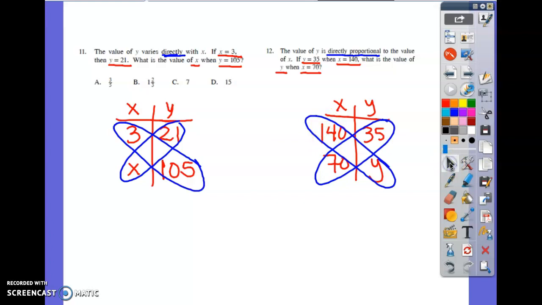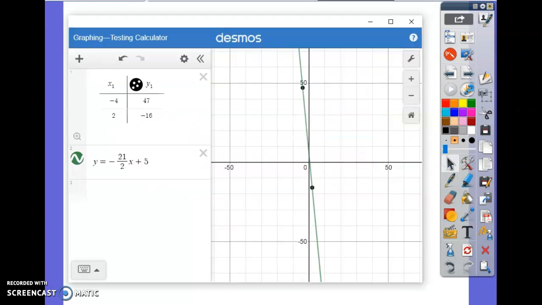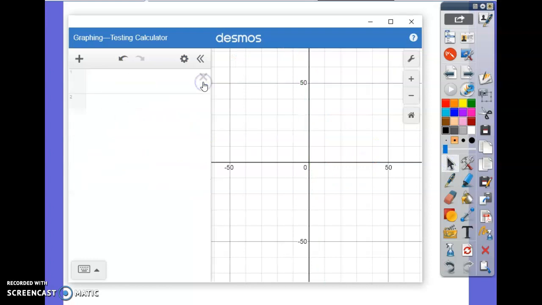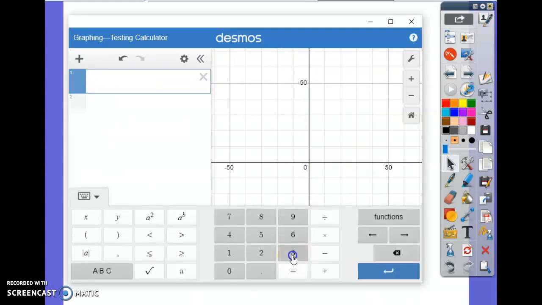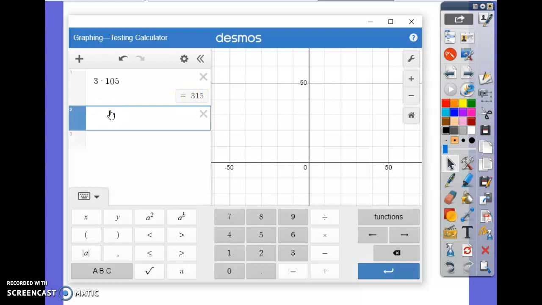So we're multiplying 3 times 105. That answer, you're going to divide by 21. So 315 divided by 21. That's your answer. Okay?